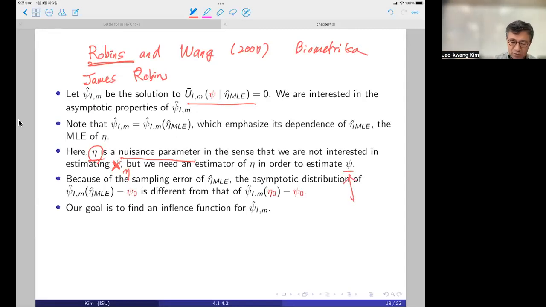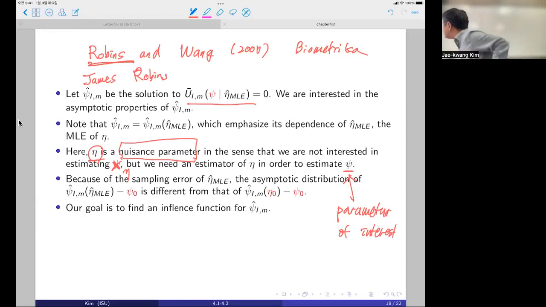Psi is the parameter of major interest, but to estimate psi, we need to estimate eta first. So this is the parameter of interest, and this is the nuisance parameter. And our goal is to find the influence function for this.